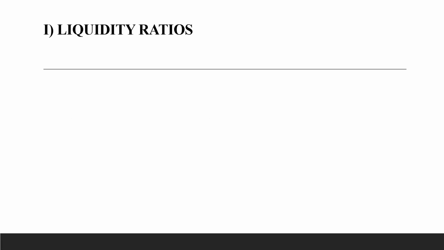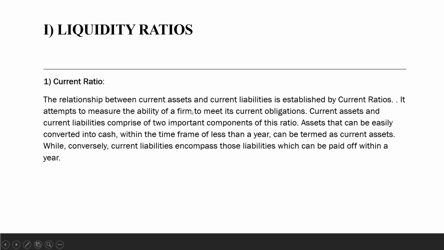Now let's see what a current ratio is first. The current ratio shows the relationship between the current assets and current liabilities only. As I have explained, current assets are those assets which are available to the company for a period of 1 year, for a short period of time.